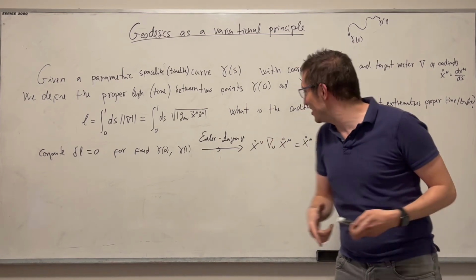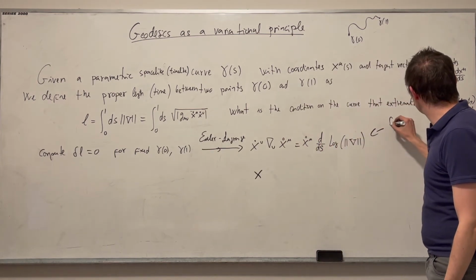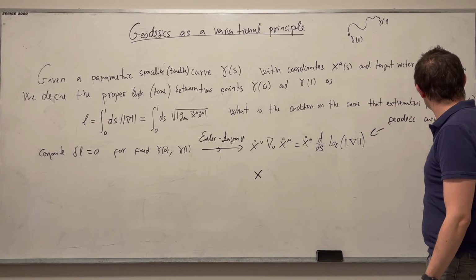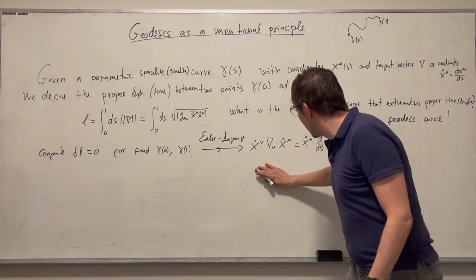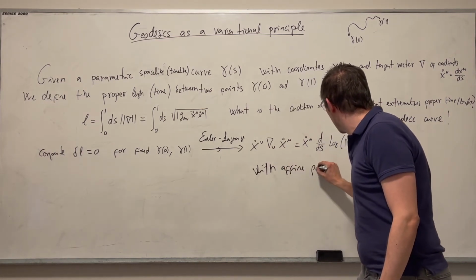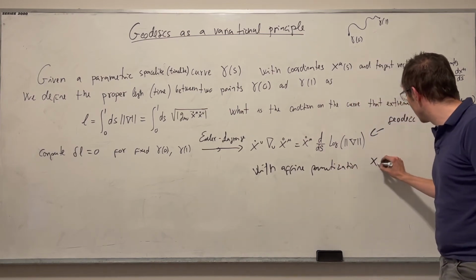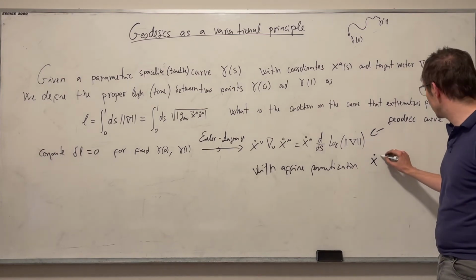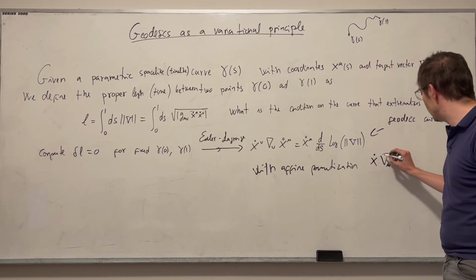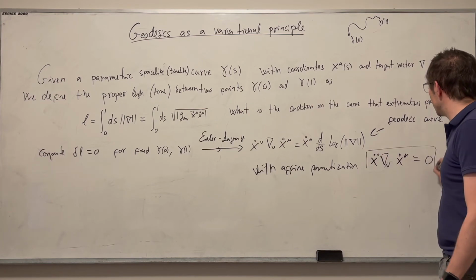And because it cannot change, this term will be zero. So in the case of a geodesic curve, this is the equation for a geodesic curve, as we saw it, and that means that with affine parametrization, it becomes, and let me just call it a dot because it's now a derivative with respect to the affine parameter, a dot mu and a dot nu here, equals 0, which is the geodesic equation.